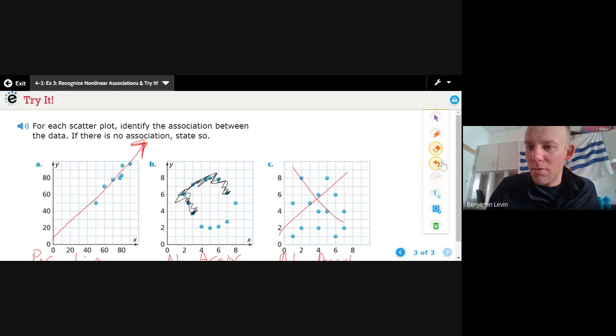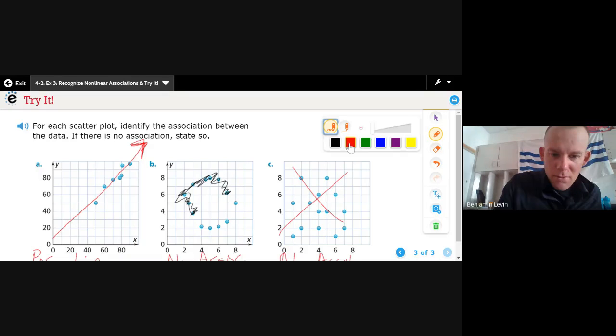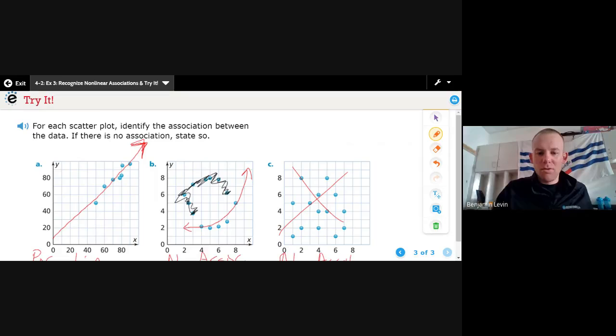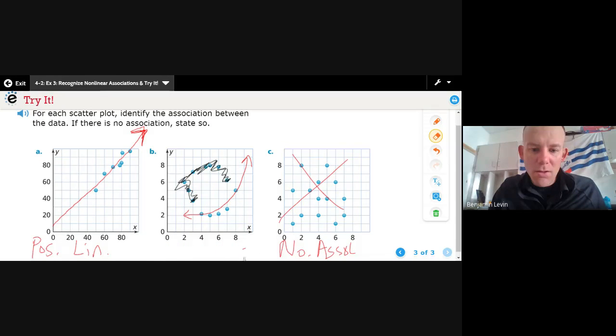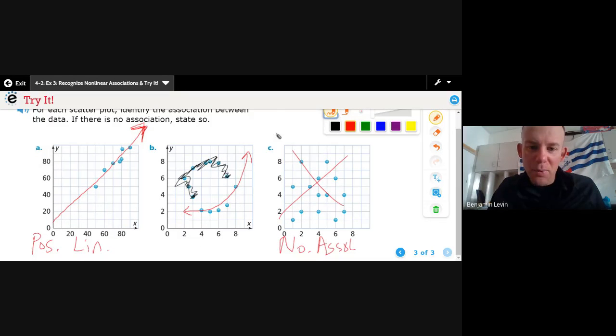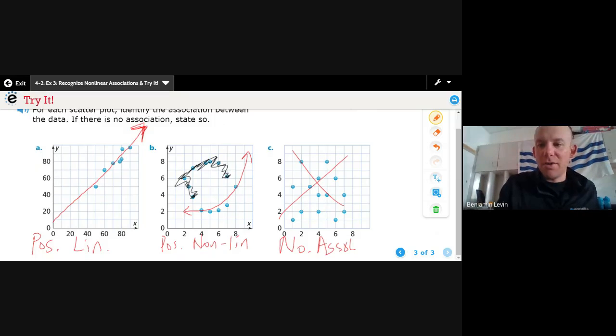Now we would have a positive nonlinear association, because it's going up, but it is nonlinear. It is a curve. Again, we're just pretending that the points I scratched out do not exist. Looks like you have a positive nonlinear association. But the rest of these points ruin it. There's no association here in the actual problem. All right, let's go on.